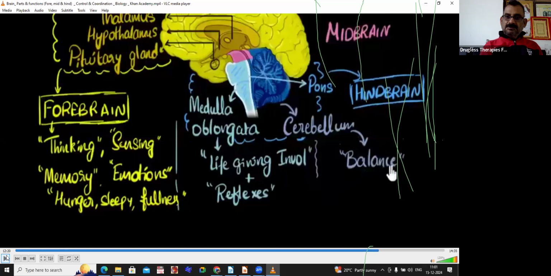Now, what we saw about the hindbrain, the behind brain, is covered under OM21. OM21 has the upper motor neuron, cerebral cortex, myelin sheath, and medulla also. So OM21 and OM22 cover the complete brain.